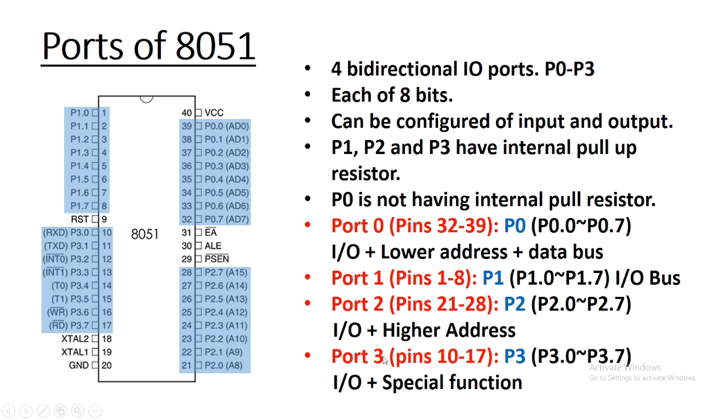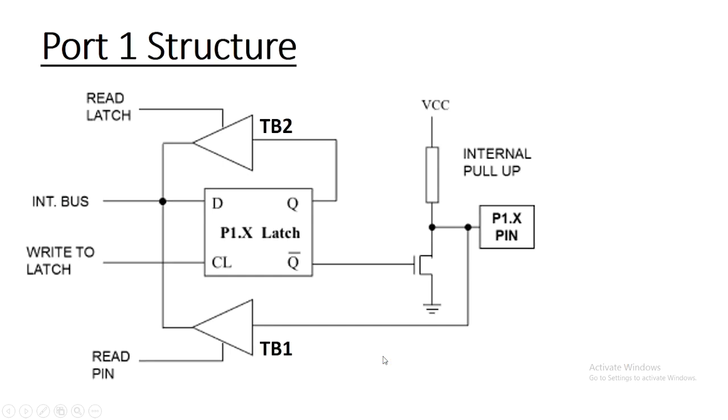Let's move to the architecture of 8051 ports. We will start with port 1's architecture, because port 1 does not have any alternate function. Its only function is as the IO port where devices are connected. So this is the structure of port 1.